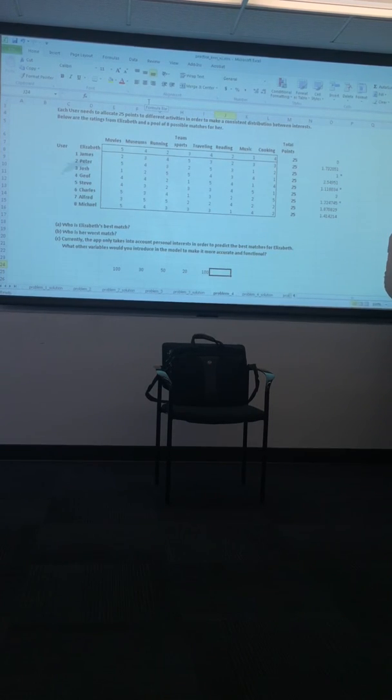Reading, 10. Music, 70. And cooking, she never cooks, she just orders delivery, so she doesn't care about it. Again, this is not how much she likes each of the activities, but how much weight she puts into how similar someone is to her. I put the weights in the same order as the activities.